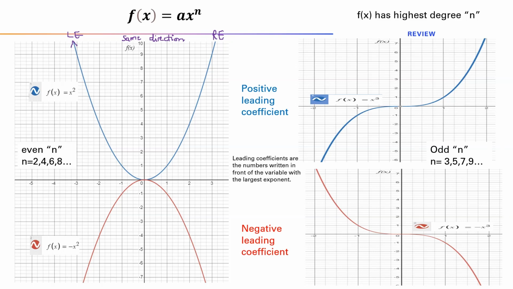In this case, if f of x equals x squared, both the left end and right end of the graph go upward. And if we have negative x squared, it will go down. So for the even n, the left end and right end will be in the same direction.